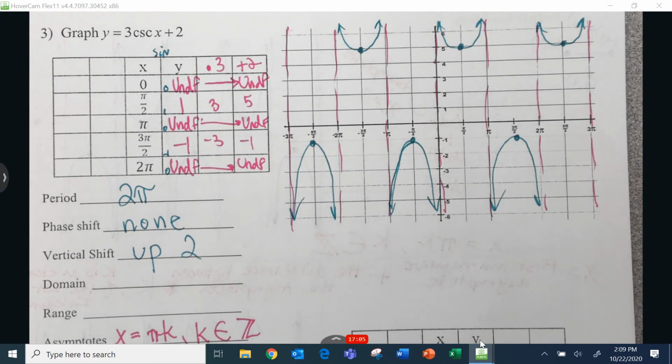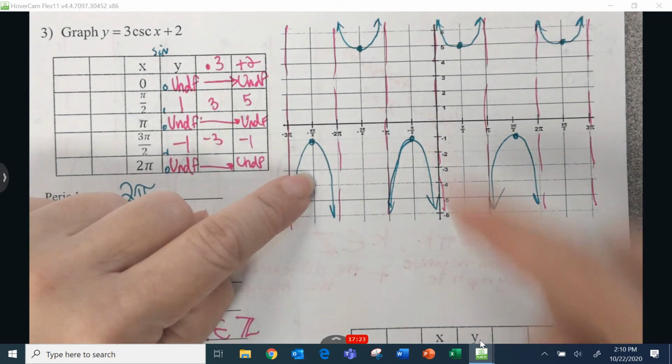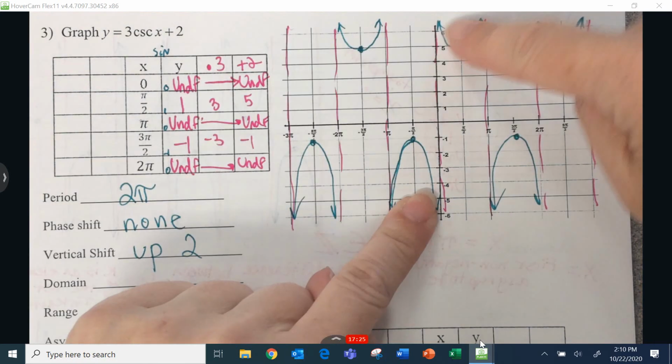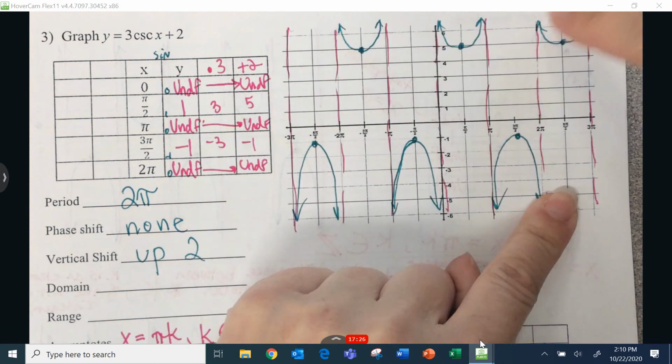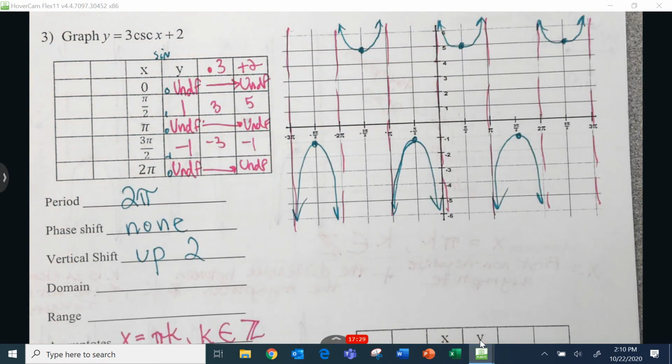Now, we've been doing interval notation. If I want to write all real numbers except for the asymptotes in interval notation, I would need one of those brackets or parentheses for every single separate piece horizontally, all the way through. Like I would need a separate one for this one, and this one, and this one, and infinitely many of them.